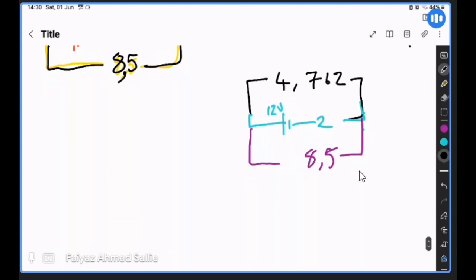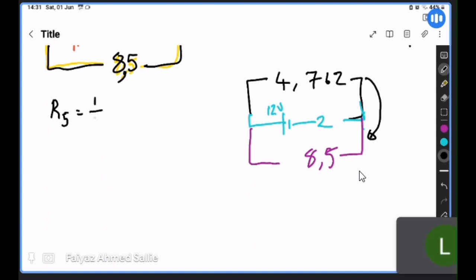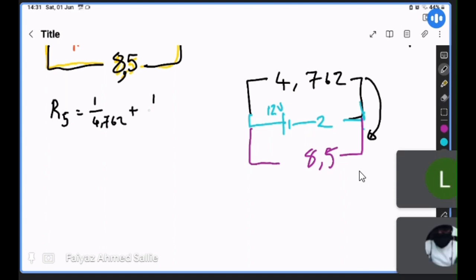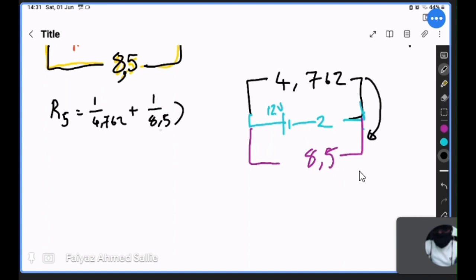Okay, so continuing with the diagram, we see that these two are in parallel, so we're going to add the two together. So we have R5 is equal to 1 over 4 comma 762 plus 1 over 8 comma 5 to the power of minus 1.